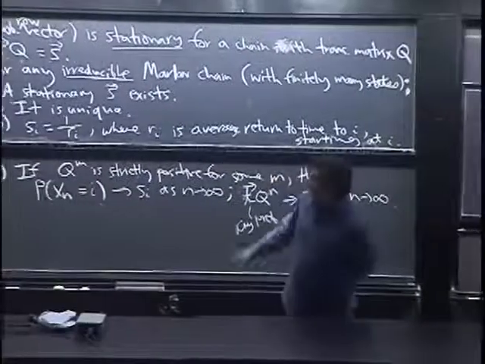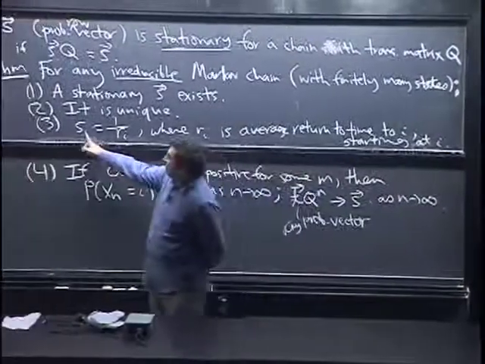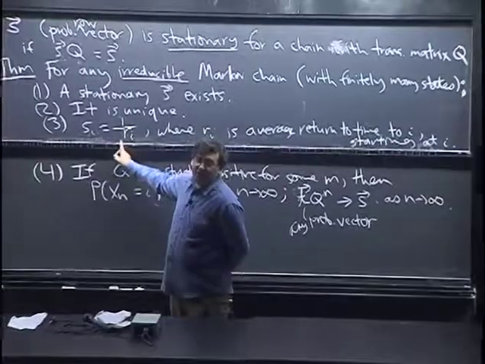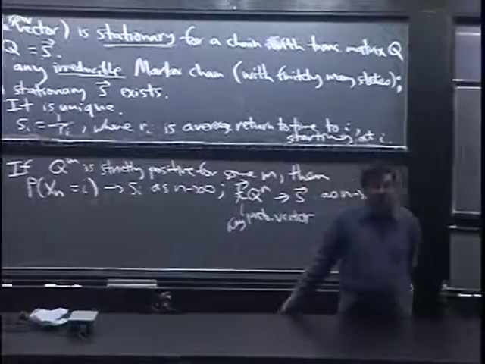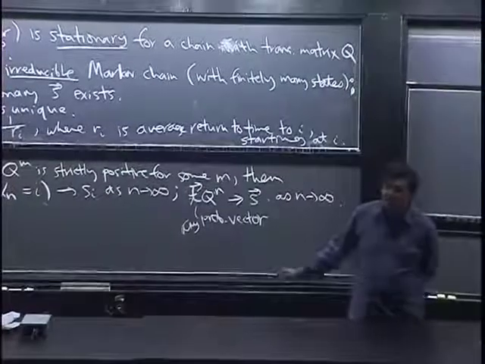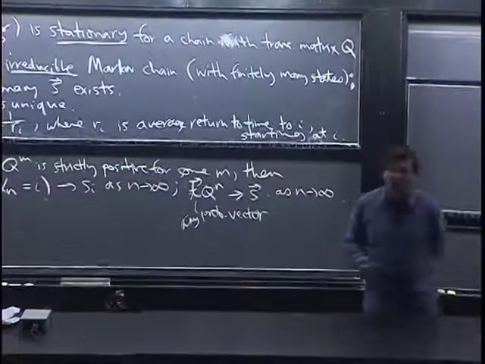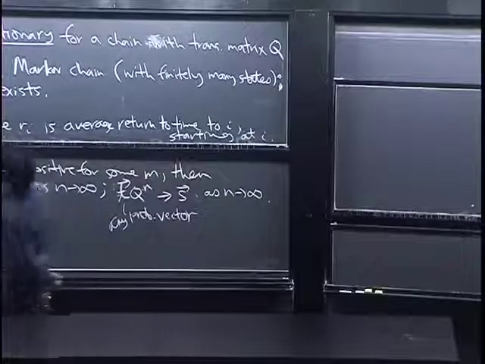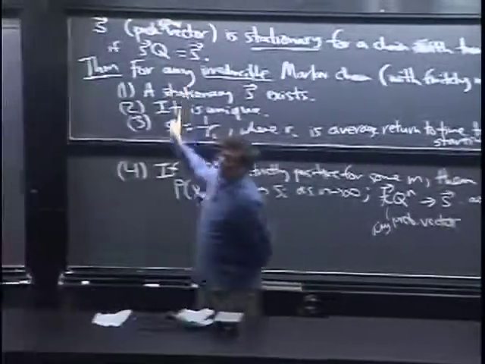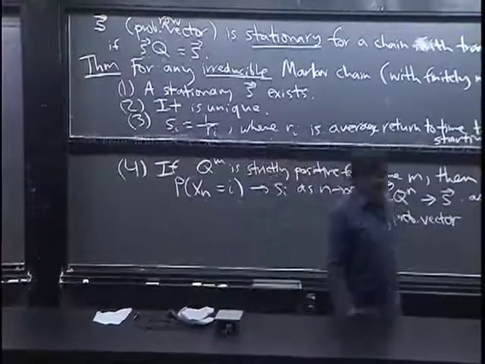Now you could say, well, we can use this to compute it, but then we have to find R_i, which is also a difficult problem. So this is a great theorem, but how do we actually compute the stationary distribution, assuming we do not want to spend the rest of our life doing matrix algebra on SQ equals S?